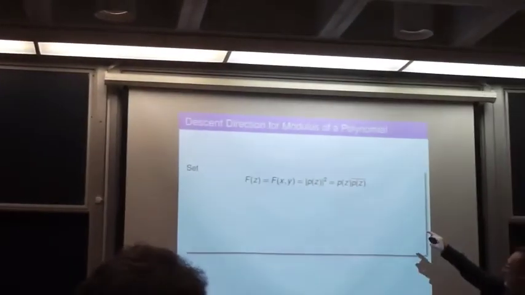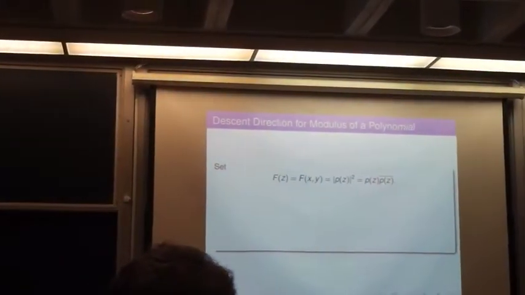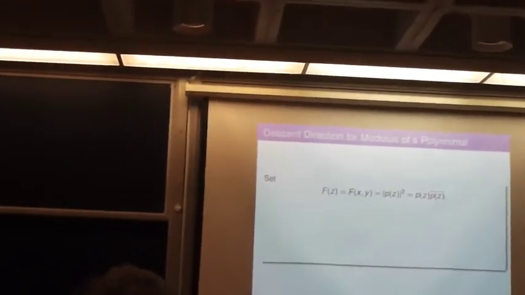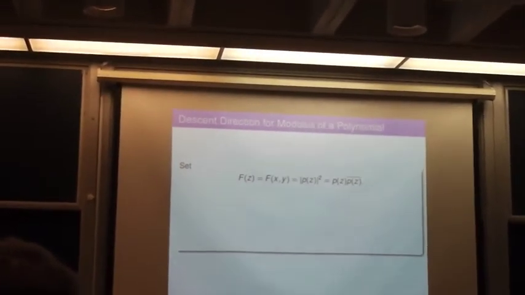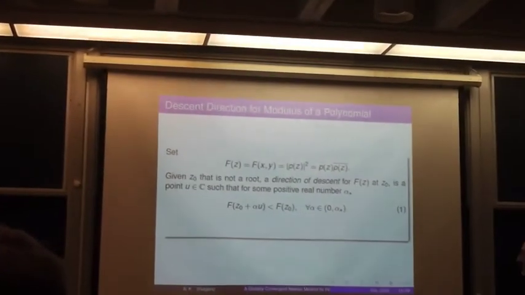First of all, the descent direction of the modulus of a polynomial. Again, let's take the modulus of a polynomial and square it for simplicity. So it's p of z times the conjugate of p of z. This is a polynomial in two variables x and y.